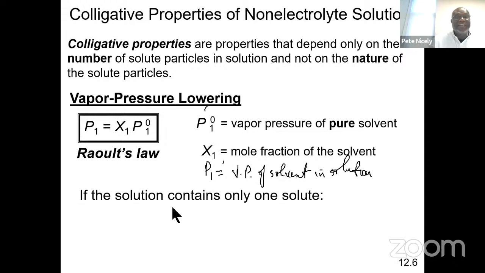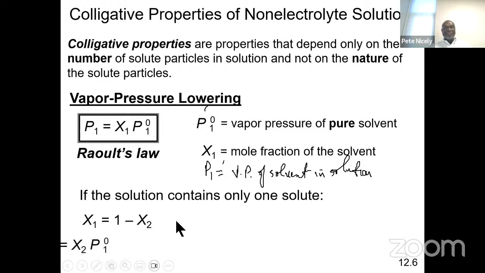Here it says, if the solution contains only one solute, then we can write down this relationship between the mole fraction of solute 1 and the mole fraction of solute 2. If there's only one solute, that means that the sum of the mole fractions will be equal to 1, which means that the mole fraction of solute 1 would be 1 minus the mole fraction of solute 2.